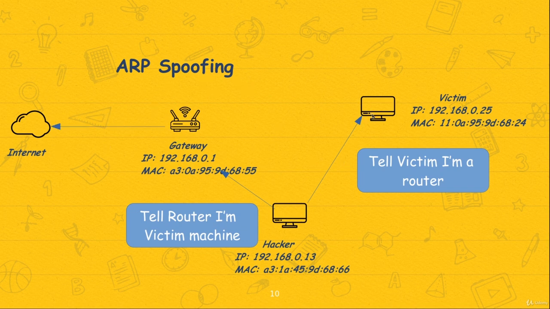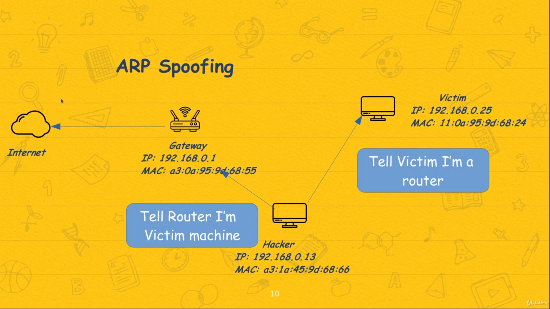So now, in order to communicate, what happens is that the victim sends a packet to what it thinks is the router, but it is actually sending the packet to this machine. Then this machine forwards the packet to the router, and the router thinks that this packet is coming from the victim because the information has been updated, and then it forwards it to the internet.